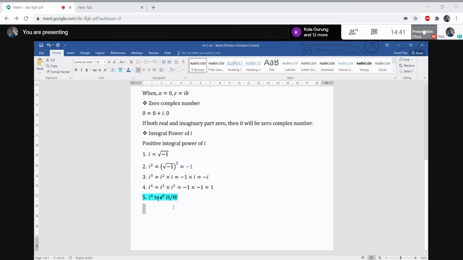Okay, but what will happen if it is a negative power, the negative integral power of i?